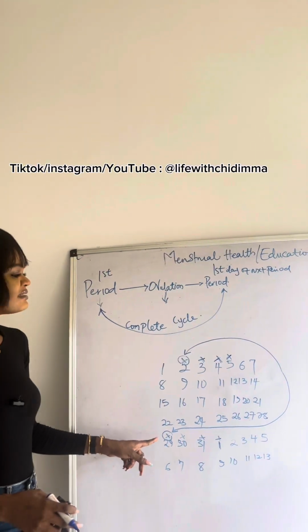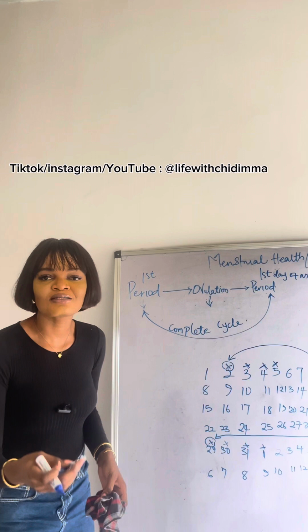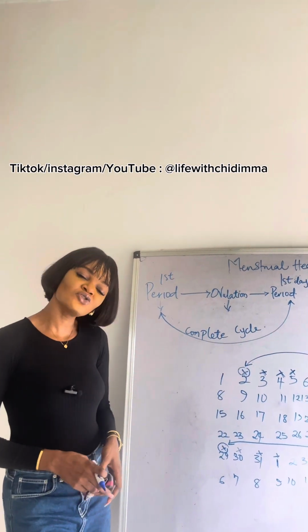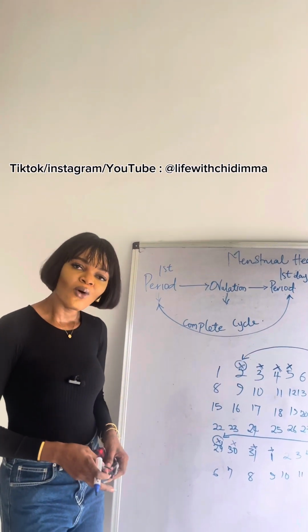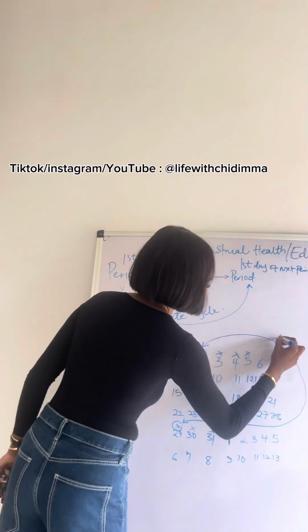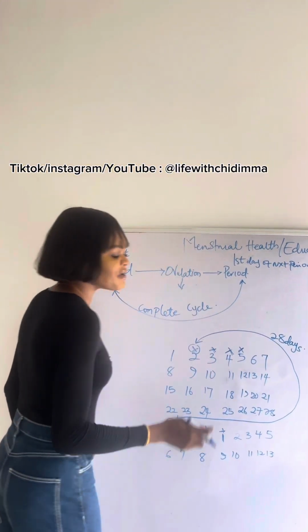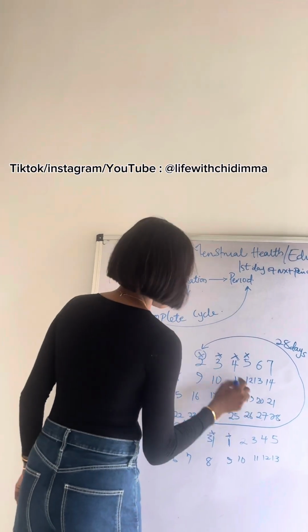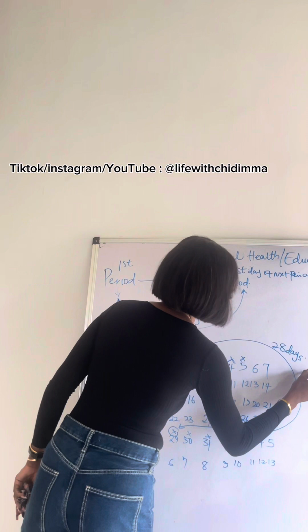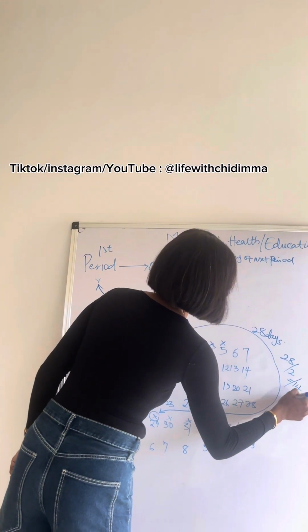Stopping at this 29th is your complete cycle. Now, where do you get your ovulation? Your ovulation is usually in the middle of your cycle, right? So this is a 28-day cycle. So the middle of that 28-day cycle will be 14, that's 28 divided by 2, you have 14, right?